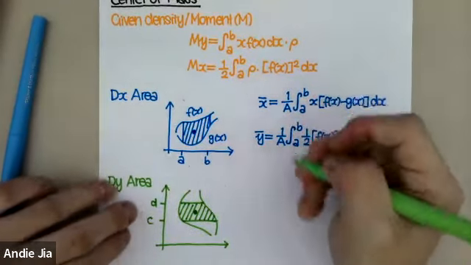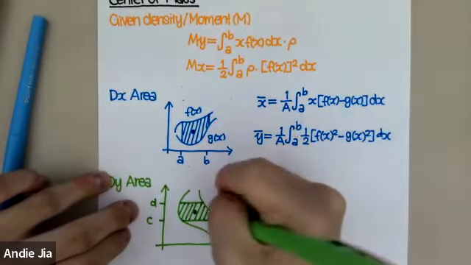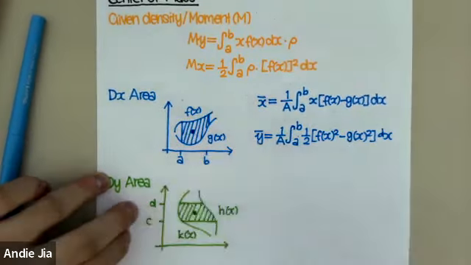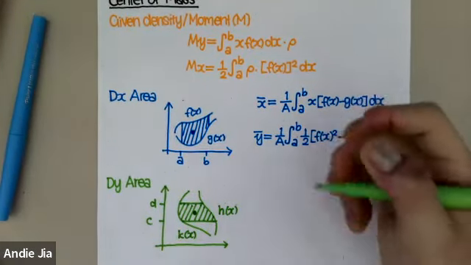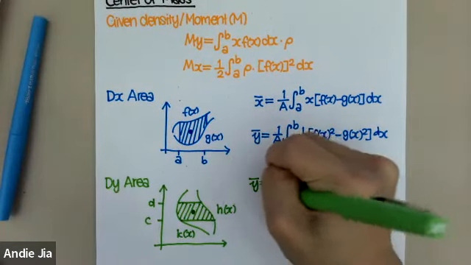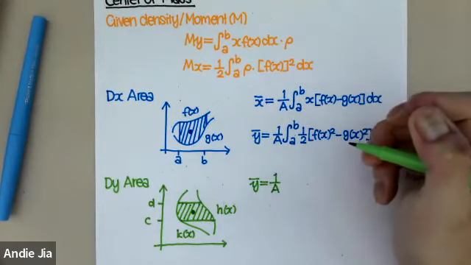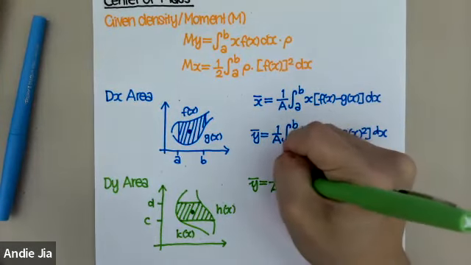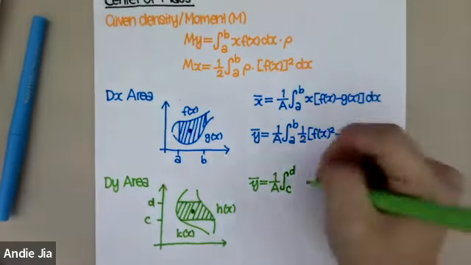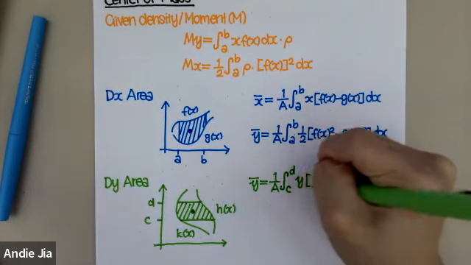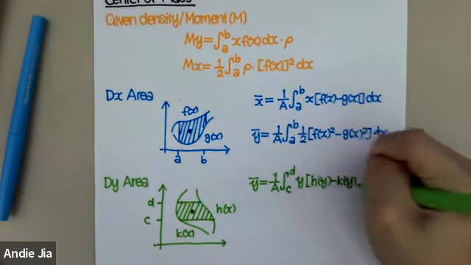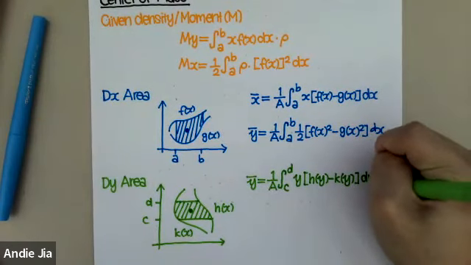You use this equation. It's going to be h of x and k of x. So the y bar is 1 over the area, from C to D, of y times h of y minus k of y, dy.